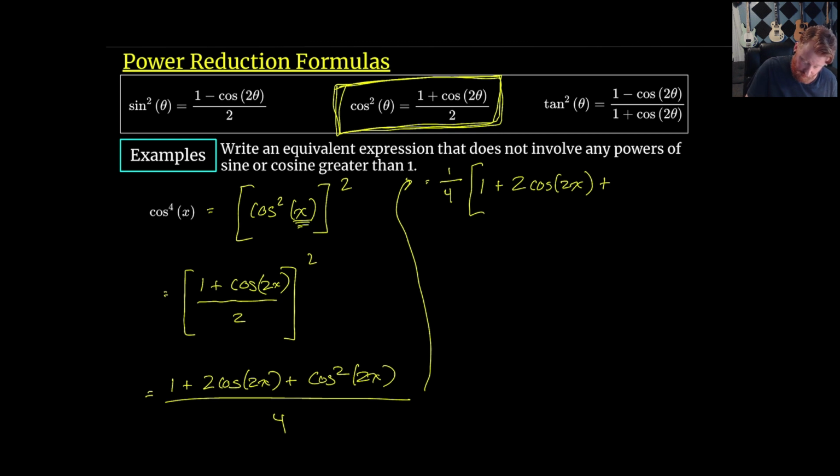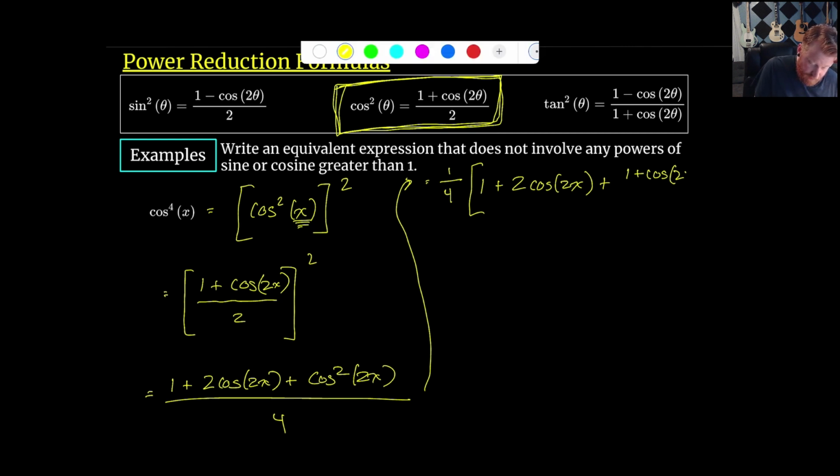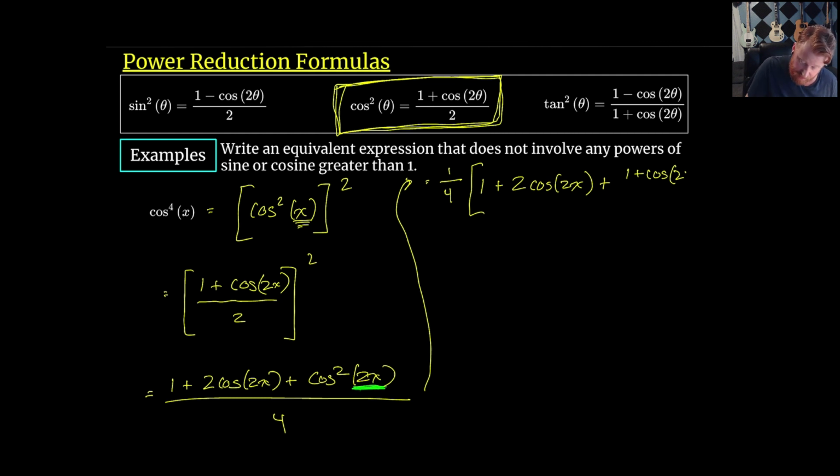So what we've got is 1 plus the cosine of 2 times, and I want 2 times what argument I had before, which was 2x. So I want 2 times 2x here. And this is all over 2.